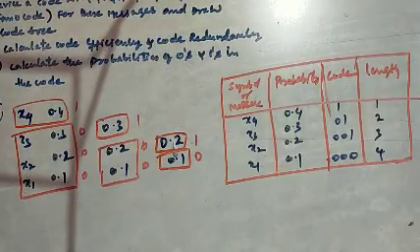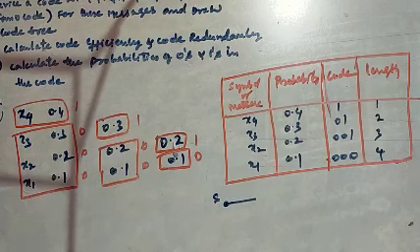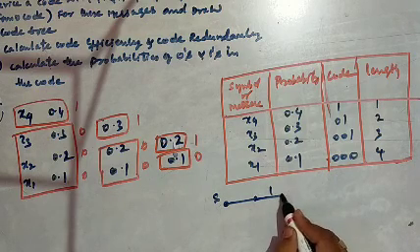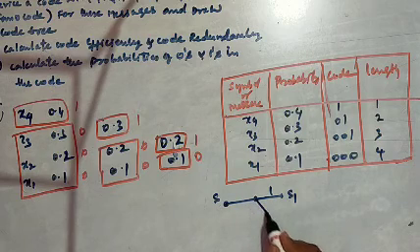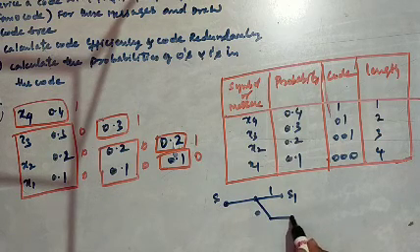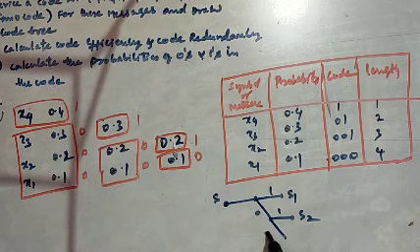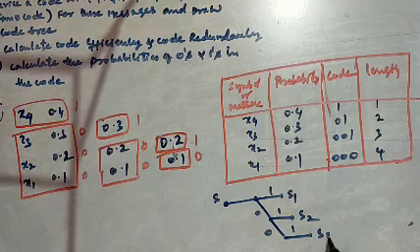Next, to find the code tree, I'll call the root S. With probability 1 we get S1, then 0 with probability 1 gives S2, 0 with probability 1 gives S3, and 0 gives S4.